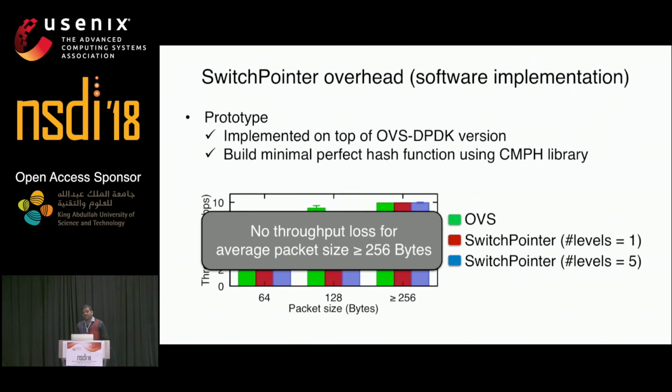Specifically, when the packet size is 128 bytes, SwitchPointer has 22% less throughput than OVS. We envision that this limitation can be overcome with a hardware implementation on top of programmable switches.